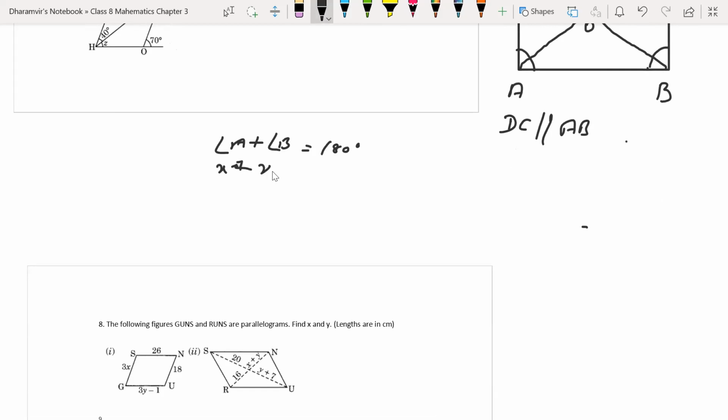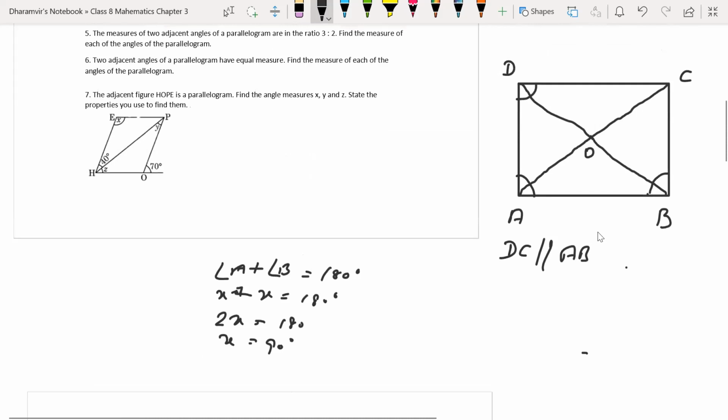Then this is also x, so 2x is equal to 180 degrees. x is equal to 90 degrees. So each adjacent angle is 90 degrees. In this parallelogram, each of the angles is 90 degrees. I hope you understand it well.